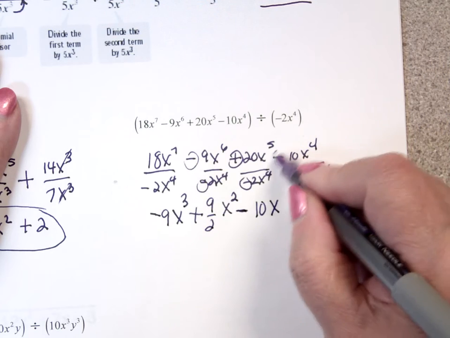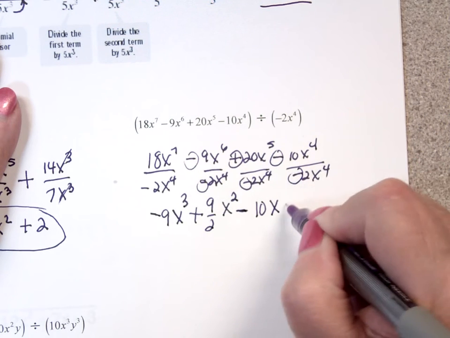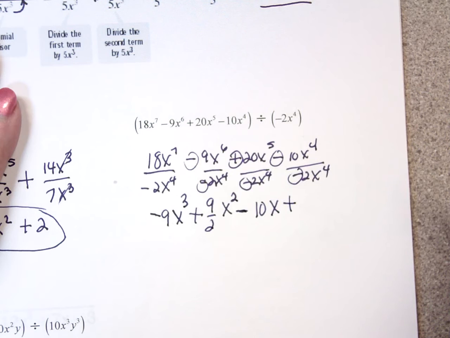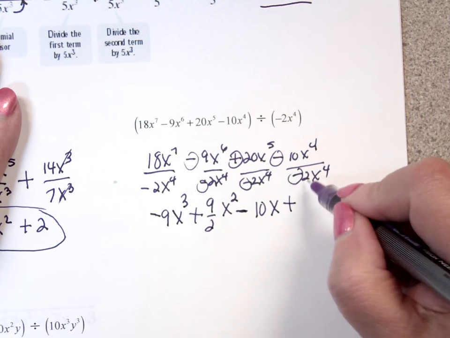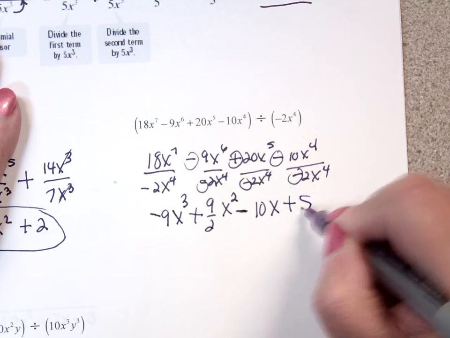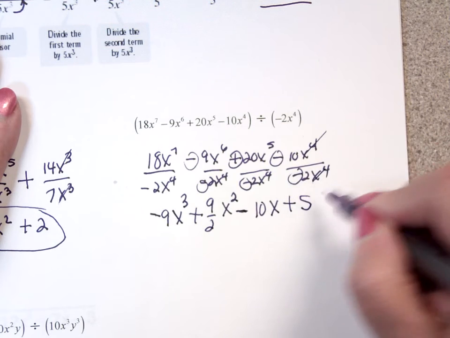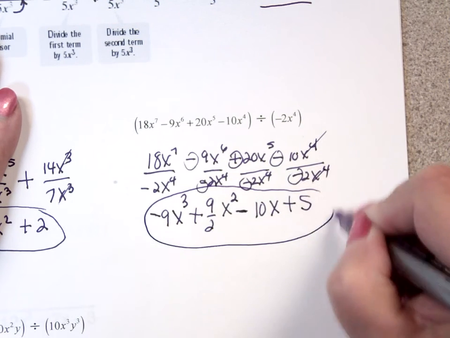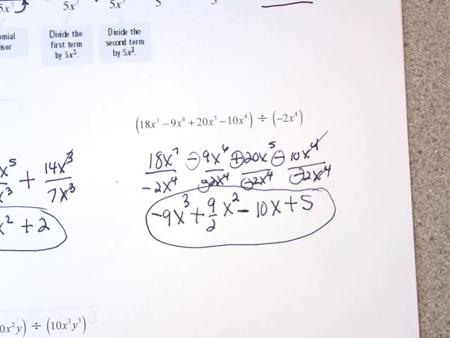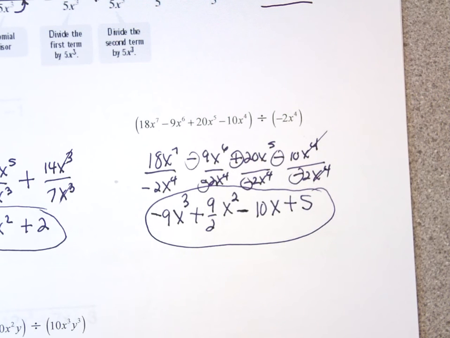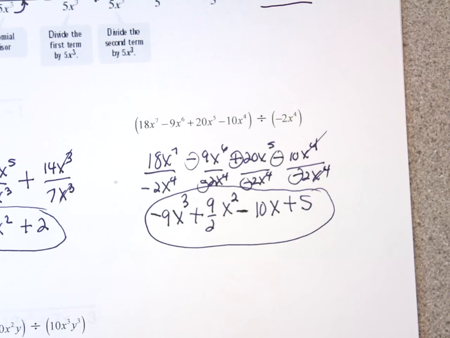Now this is where you can screw up. Well, no, not on this one. Sorry about that. Plus 2 divides 10 5 times, and then the x to the 4th takes each other out. Do you have to do 9 over 2? Well, you could do 9 over 2, or you can make it 4.5, as long as you don't have a repeating decimal.